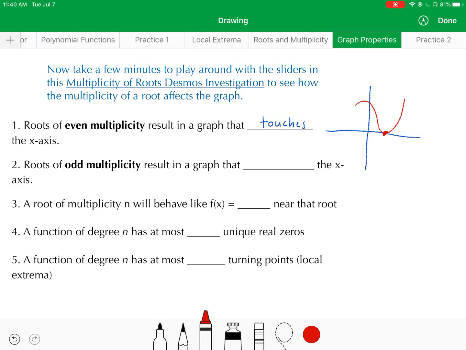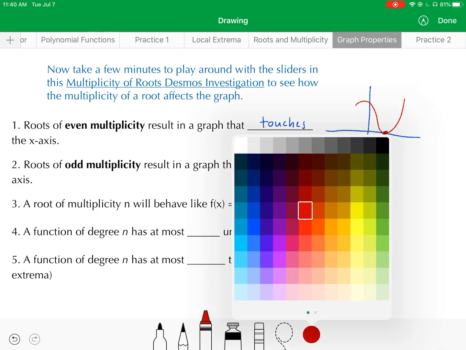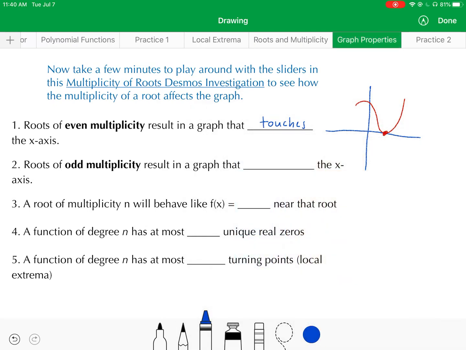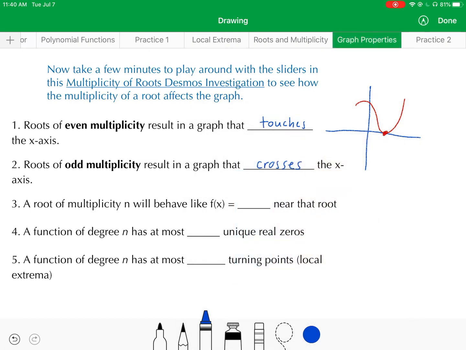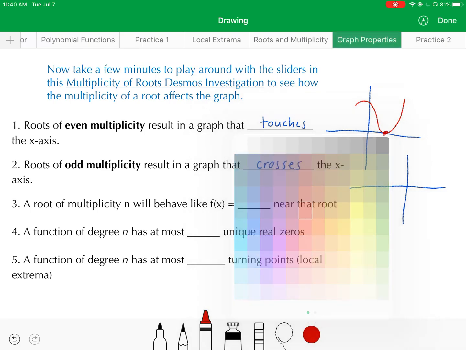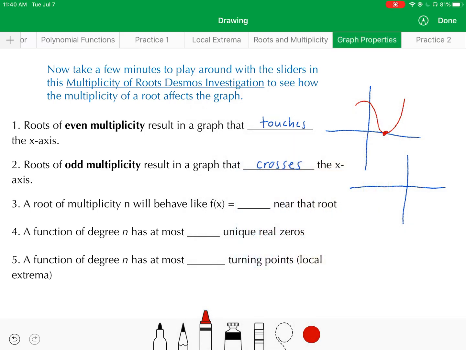Okay, roots of odd multiplicity result in a graph that crosses the x-axis at that root. And what I mean by that is, so let's say we have an odd multiplicity of 3, then that means the curve's going to do something like that. It's going to behave cubically and cross through the x-axis.